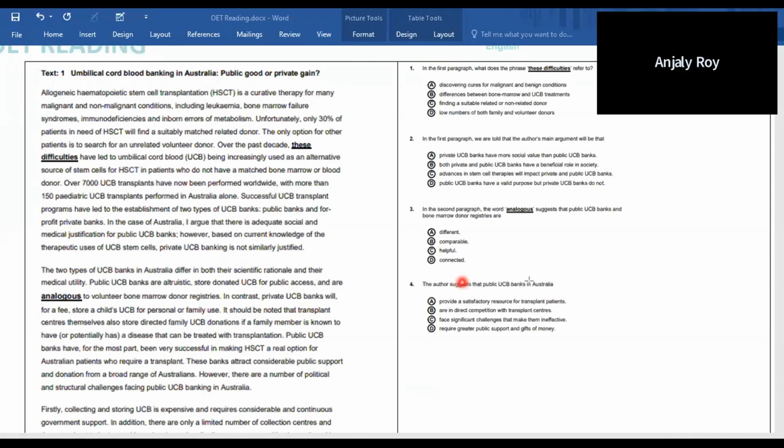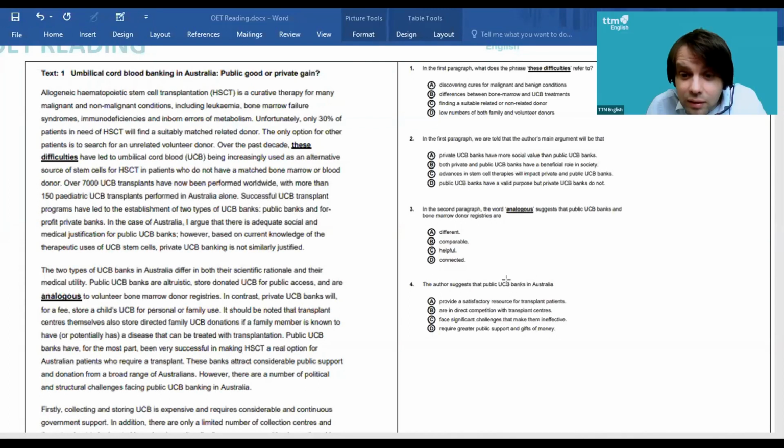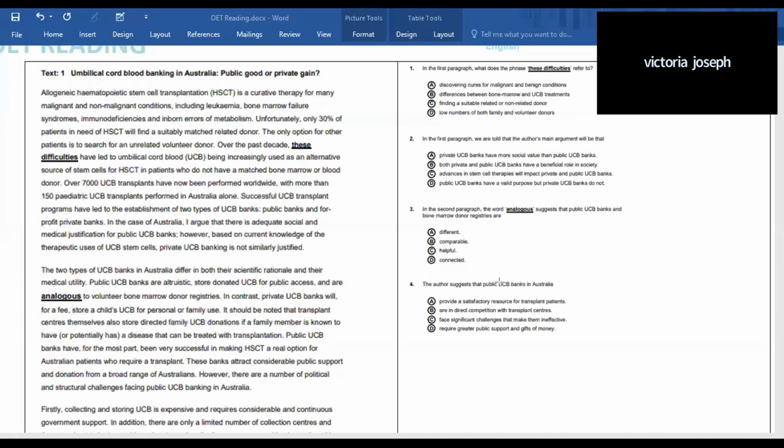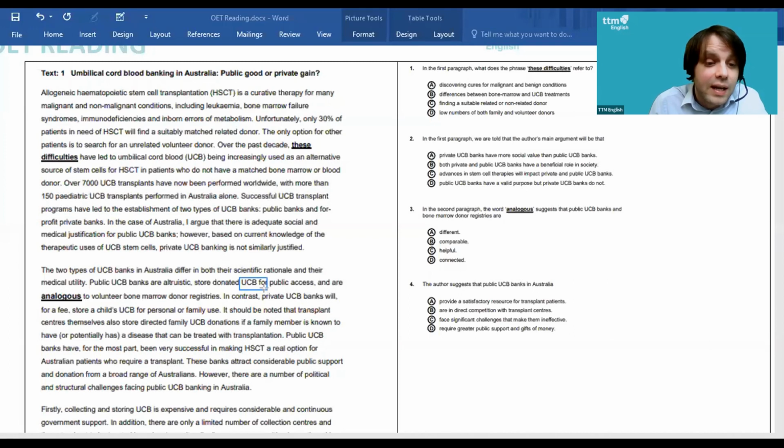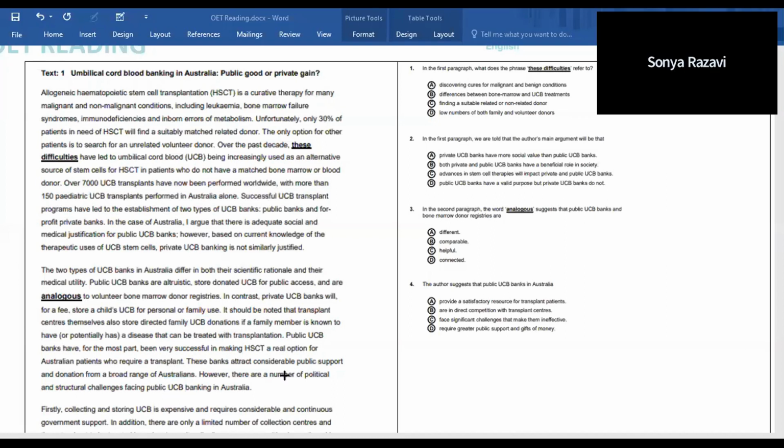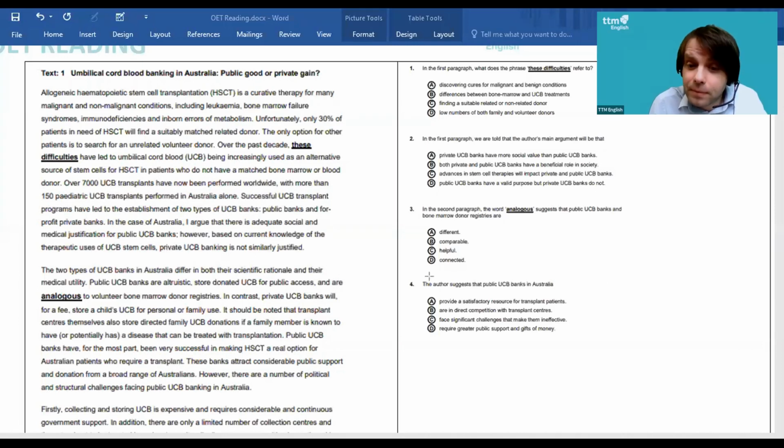UCB? If we choose UCB, we will never find it. It's everywhere, right? Author? It's not going to say author because the author is speaking. I think it's Australia.